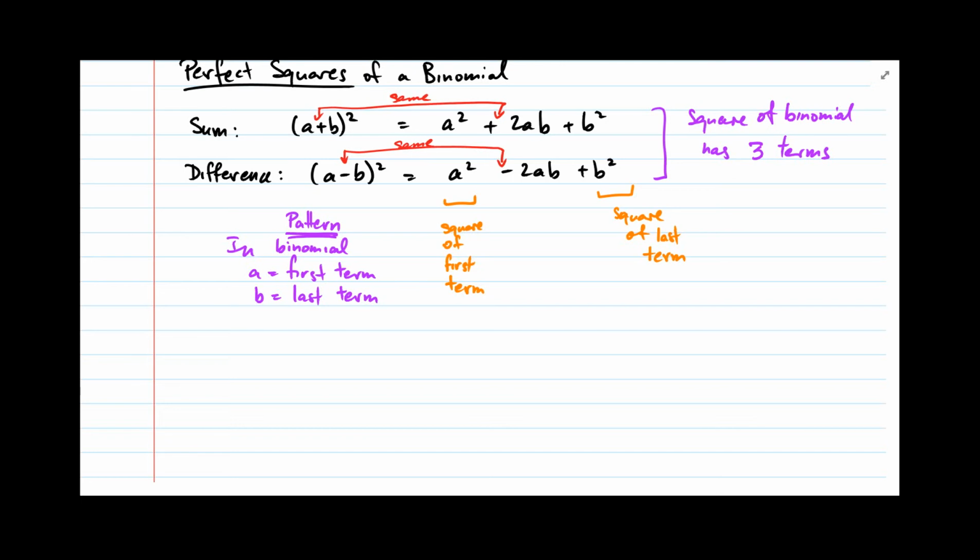If we started out with a binomial sum and we're taking the square of it, all terms will be positive. If we're taking the difference, the middle term will have a minus sign. But let's describe what is going on here, irrespective of the sign. It is twice the product of the two terms.